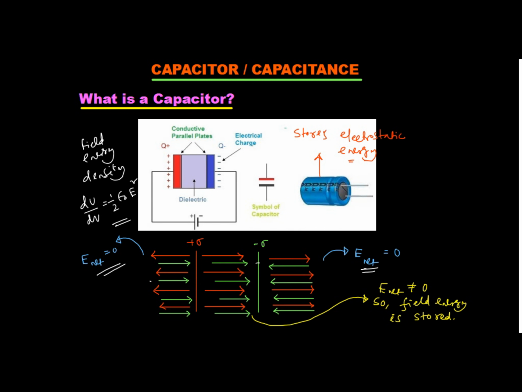So definitely this inner portion will store some kind of energy, and hence it will behave as a capacitor. On the whole, a capacitor is an arrangement which stores electrostatic energy by restricting the electric field in between them, right?